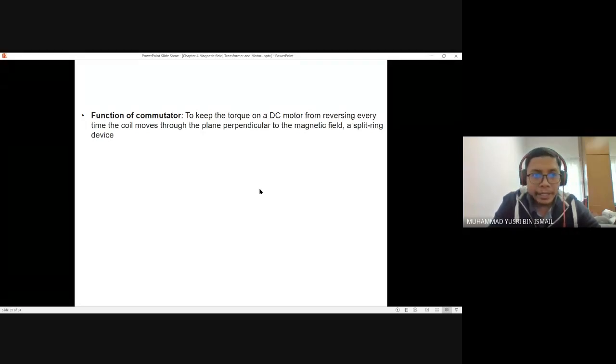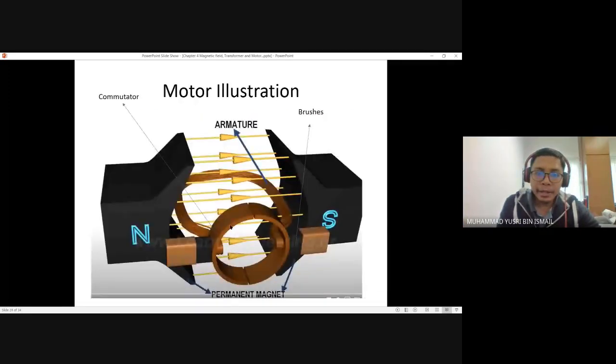Okay, and then the coil moves through the plane perpendicular to the magnetic field. The flow is from north to south, and then the commutator will rotate, and at the perpendicular condition will produce the highest power.